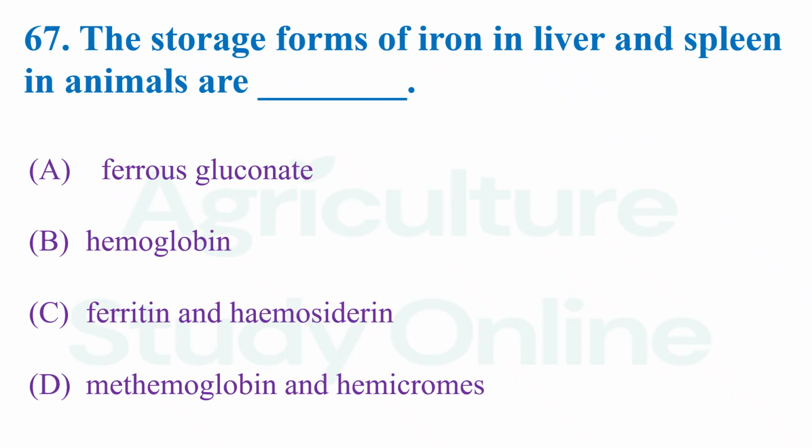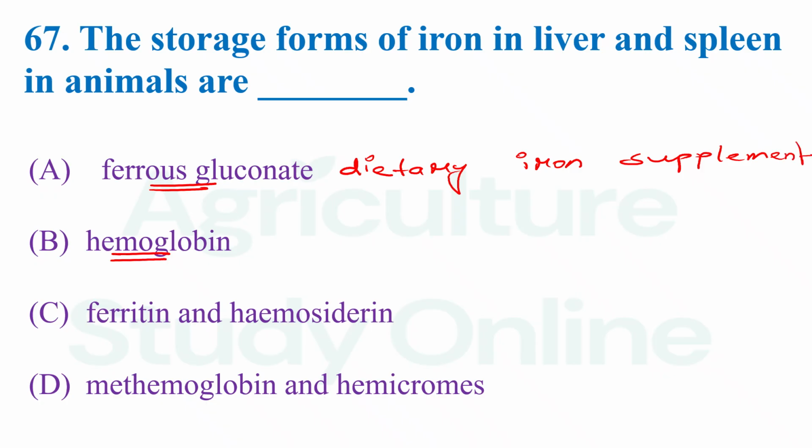Question number 67. The storage forms of iron in liver and spleen in animals are. The first one is ferrous gluconate. Ferrous gluconate is a dietary iron supplement. Hemoglobin is used for oxygen transport in blood.